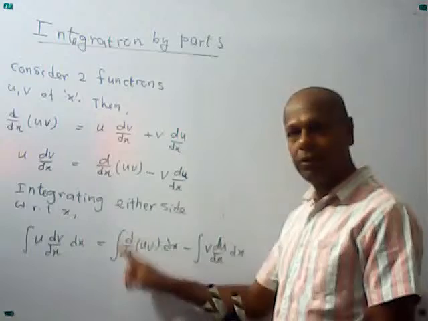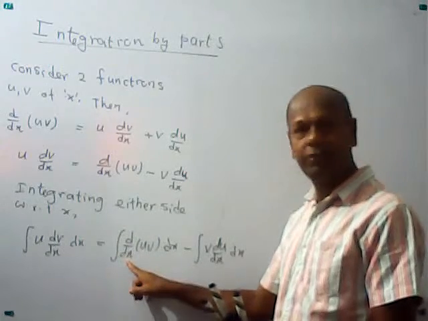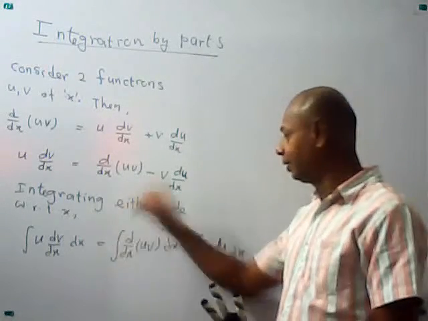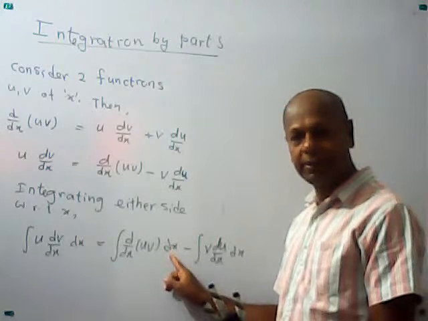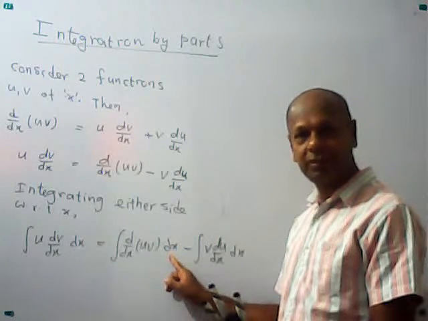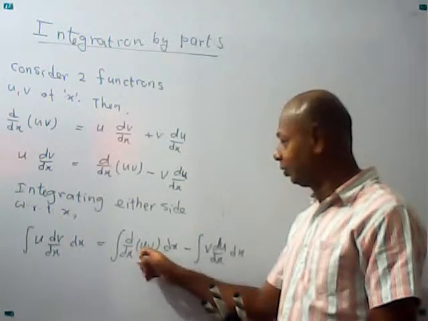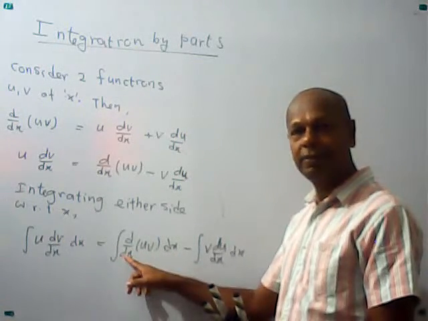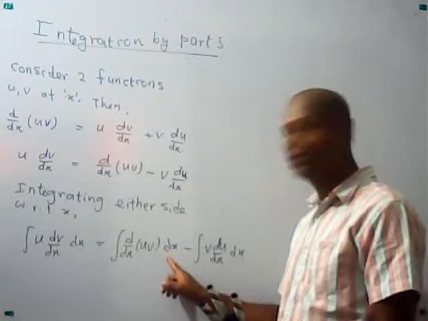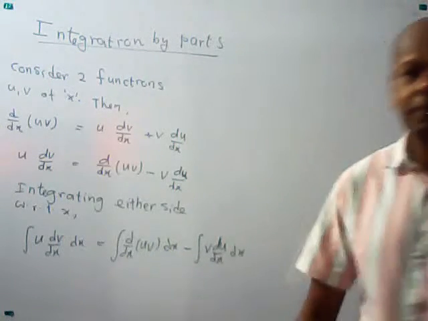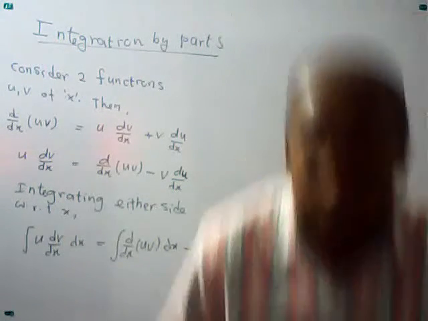You first differentiate uv with respect to x, then again integrate it with respect to x. What happens? The uv product is differentiated with respect to x, then again you integrate with respect to x. So what happens there?